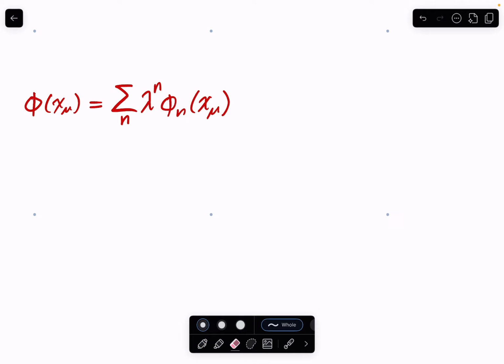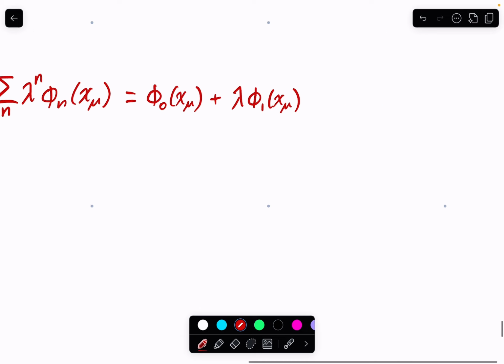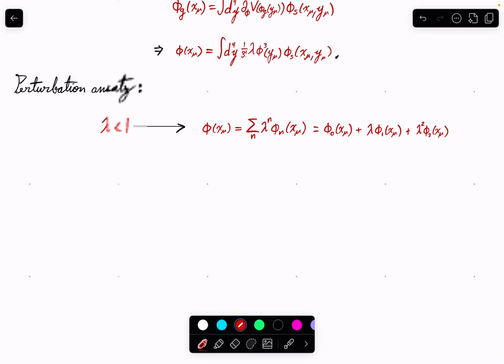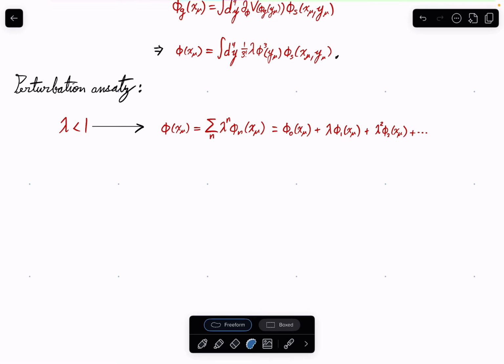So this ends up looking like phi naught of x mu plus lambda phi 1 of x mu plus lambda squared phi 2 of x mu, and you can continue going on. This is the perturbation ansatz.